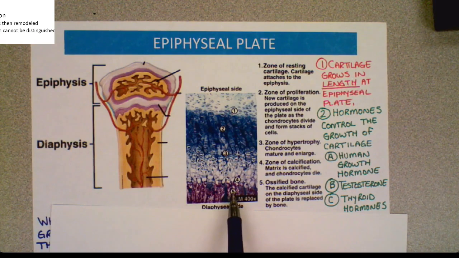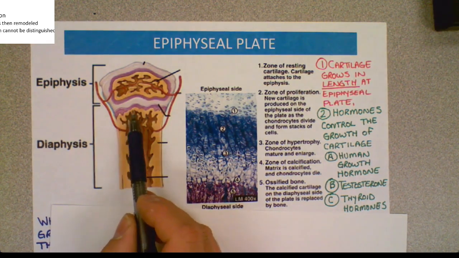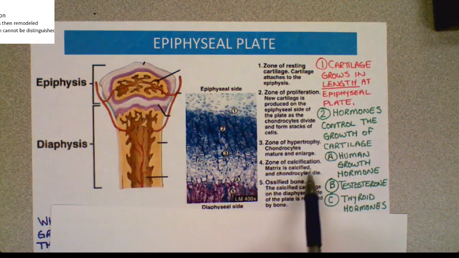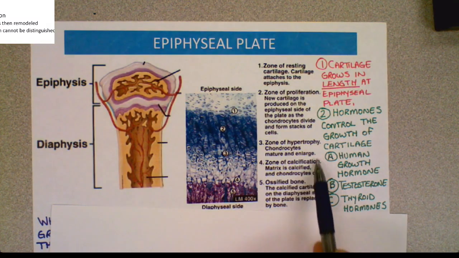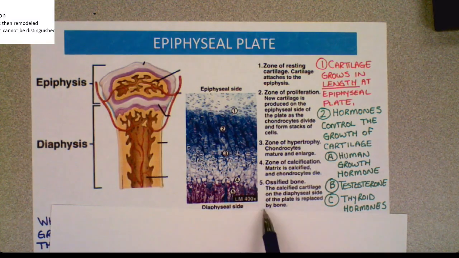By the time we get down to the diaphysis here, the chondrocytes have completely been calcified and replaced by ossified bone. So these cells down here at the bottom towards the diaphysis are now bone cells that make up the diaphysis.